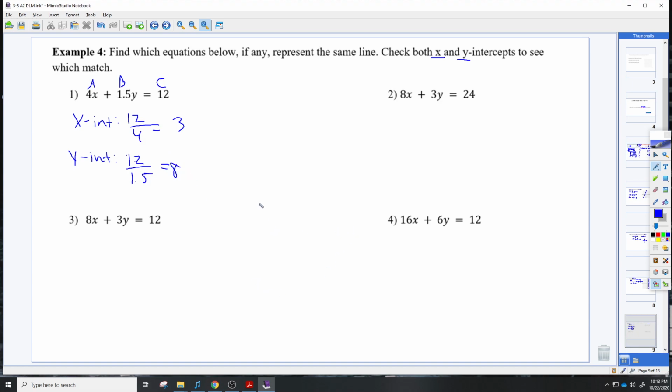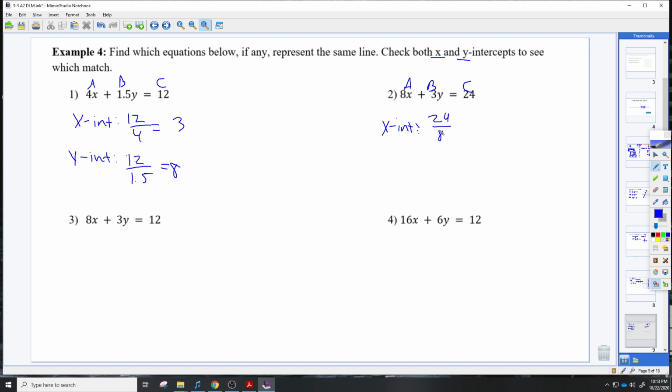So really we're going to go through here and see, do we get an x-intercept of 3 and a y-intercept of 8 for any of these other ones? All right, so A, B, C. If it does happen, then we know that they are the exact same line. That's really what we're checking for here. And it's a fairly quick check just by dividing some numbers.